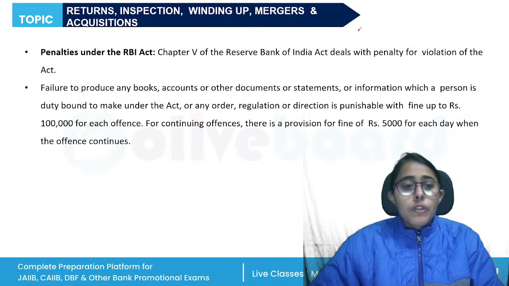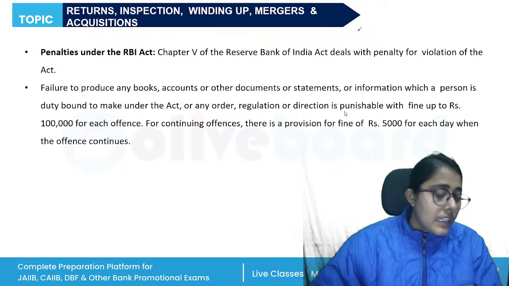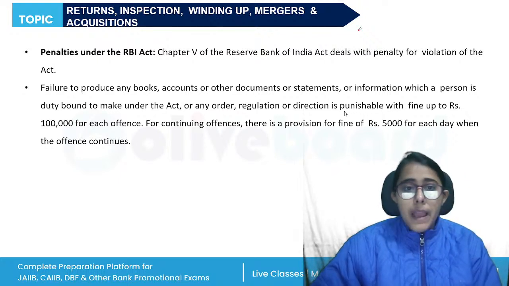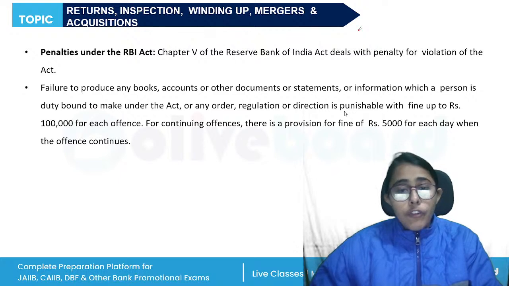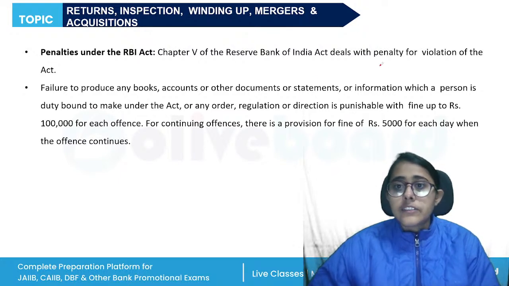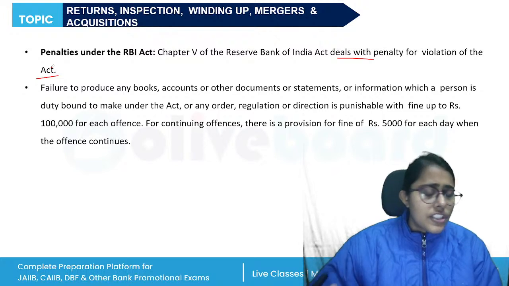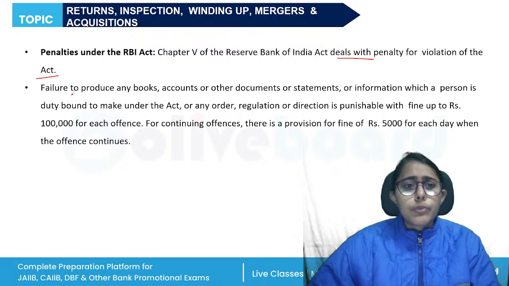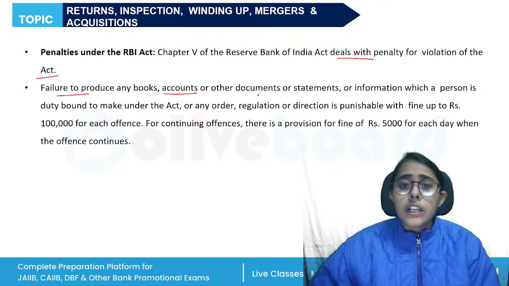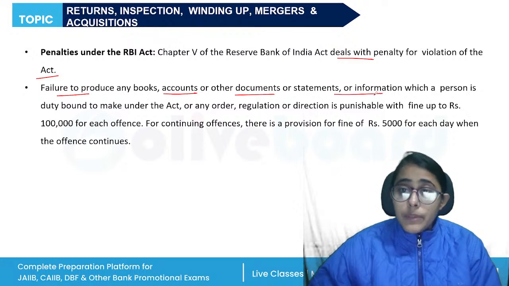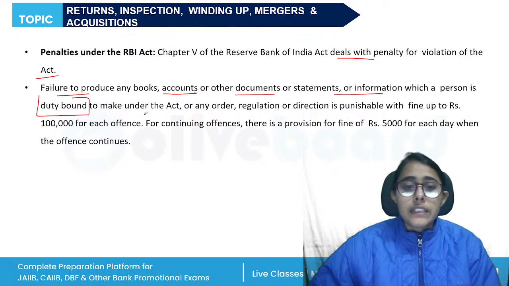Then, if we talk about penalties, certain penalties are given under the RBI Act, and other penalties are given under the Banking Regulation Act. Chapter 5 of the RBI Act deals with the penalty for violation of the Act. Various violations are there, like the failure to produce any books, accounts, or other documents, or statements or information which a person is duty bound to make under the Act.